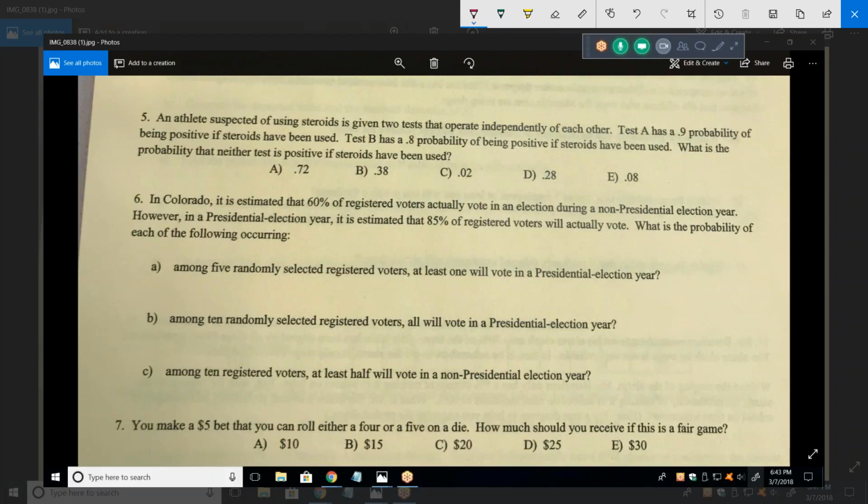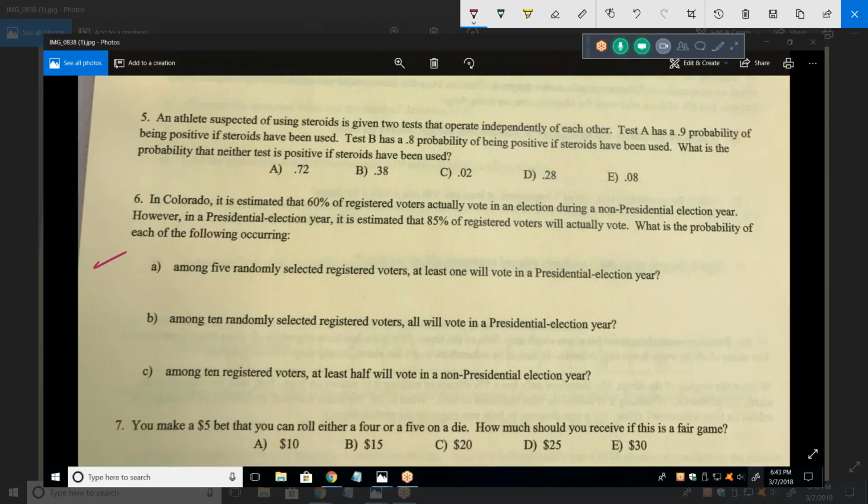However, in a presidential election year, like 2020, 85% will vote. So what's the probability of each of the following occurring? Among 5 randomly registered voters, at least one will vote in a presidential election year.